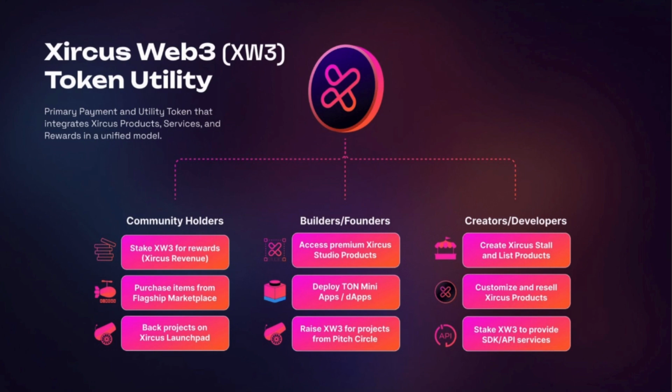And second, holders can purchase items from our flagship marketplace. This marketplace is a cornerstone of our infrastructure. And I'm excited to share that it will sell a wide variety of different types of assets.